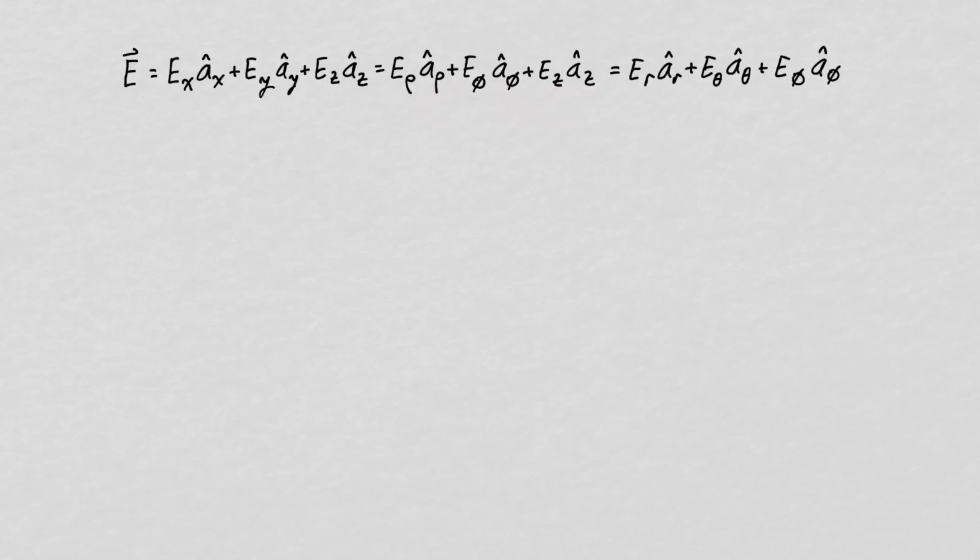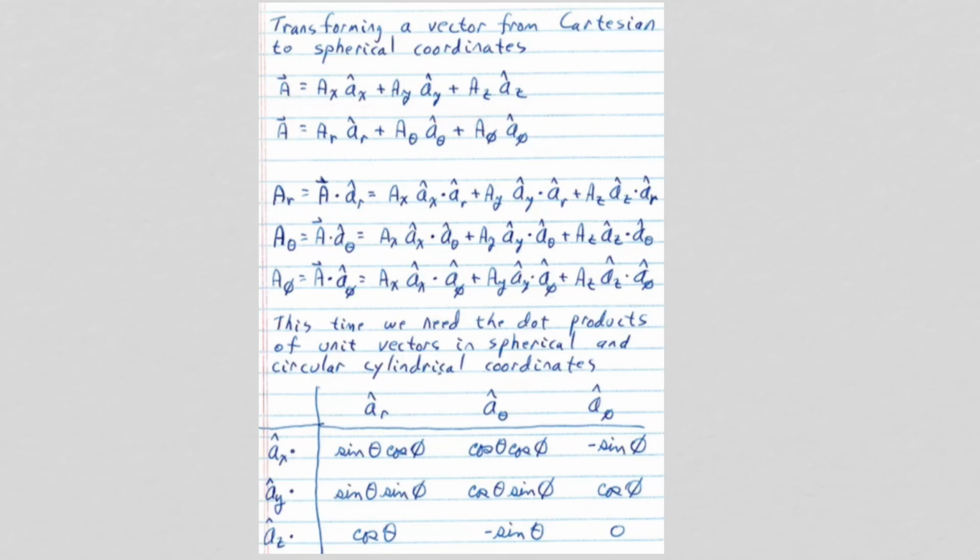If we're given the vector represented as components in the Cartesian coordinate system, let's look to see how we would find the components in the spherical coordinate system. Here we have the same vector represented either as components in the Cartesian coordinate system or as components in the spherical coordinate system.